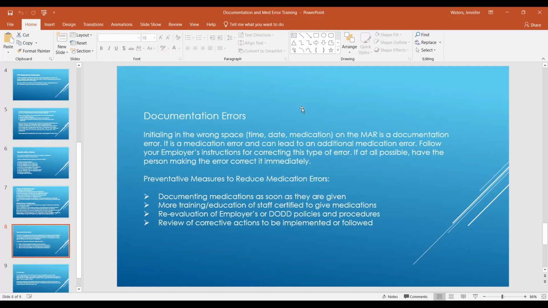Speak to your supervisor. If you have ideas for a policy or procedure, make sure that they know what that is. Review of corrective actions to be implemented or followed. Every UI, every MUI requires a preventative measure.